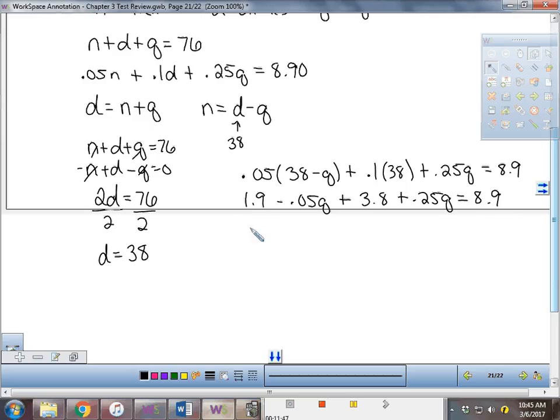So put things together. You've got 1.9 plus 3.8, which is 5.7. Then you have, take 5 cents off your 25 cents, so that would give you 20 cents.